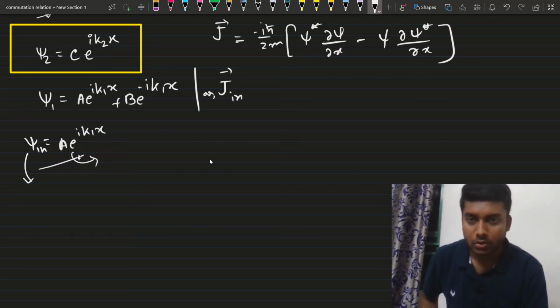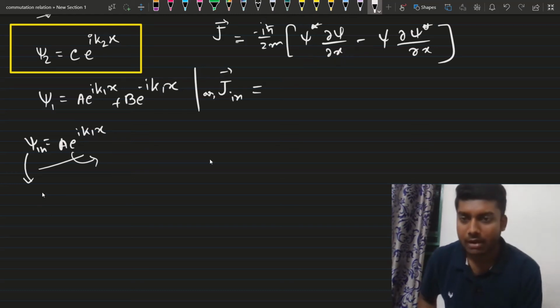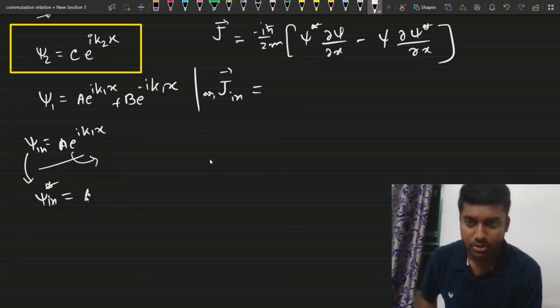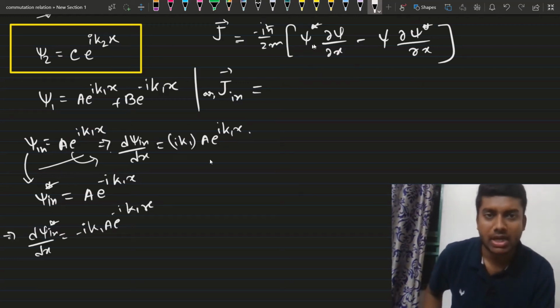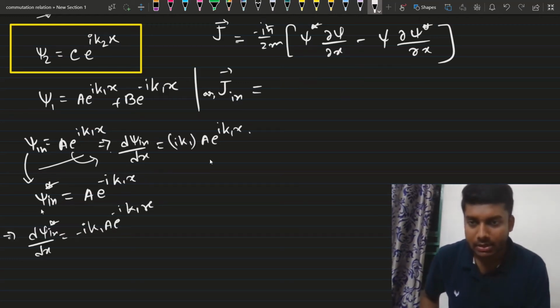So to find J, we have to find psi star and this thing. I am first finding this. Psi star is equal to A star e to the power minus i k1 x. So psi star into this means this into this, right?